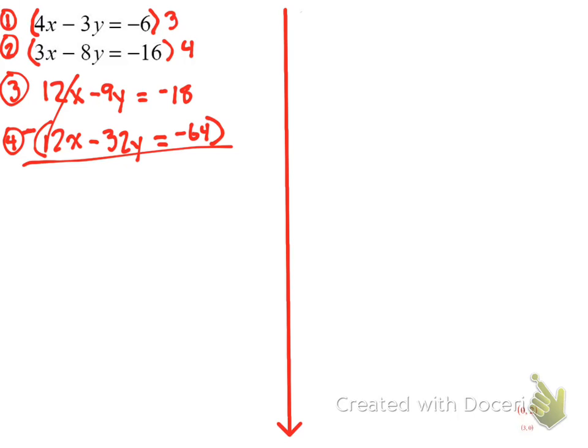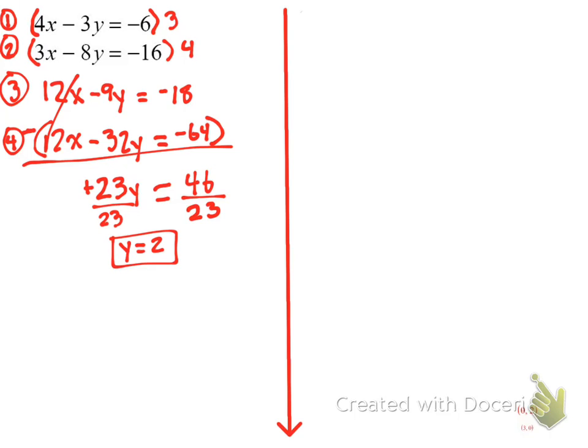Negative 9y minus negative 32y is positive 23y. And negative 18 minus negative 64 is positive 46. Divide both sides by 23, and I get y is equal to 2.